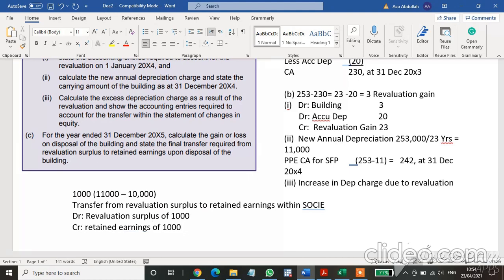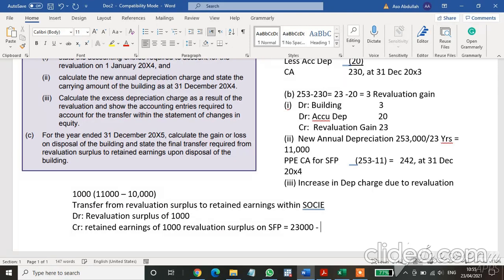The 1,000 pounds comes from the revaluation surplus on the statement of financial position, not the statement of changes in equity. That equals 23,000, which is the first revaluation gain.